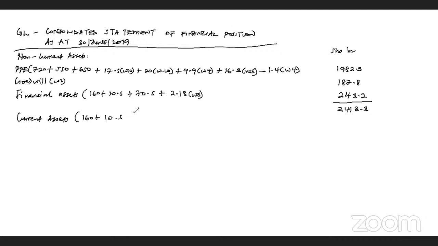Then for NUL, we have 70.5. No. Here I'm using financial assets still. Supposed to look at the current assets, not the financial assets.